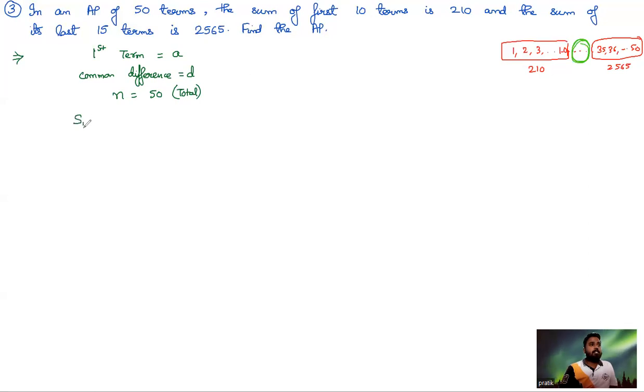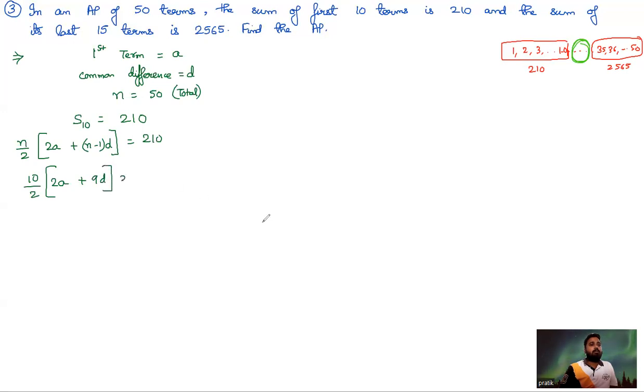That is basically S10 equal to 210, which is nothing but n by 2 into 2a plus (n minus 1) into d. So it is 10 by 2 into 2a plus 9d equals 210.